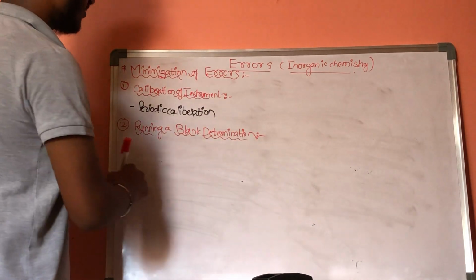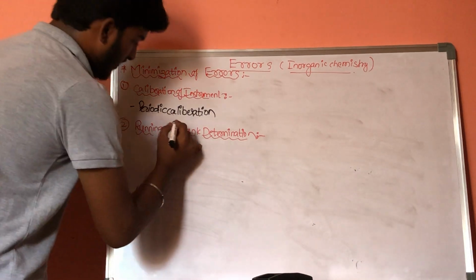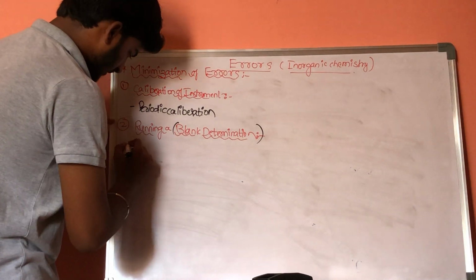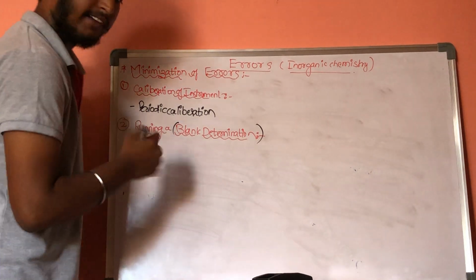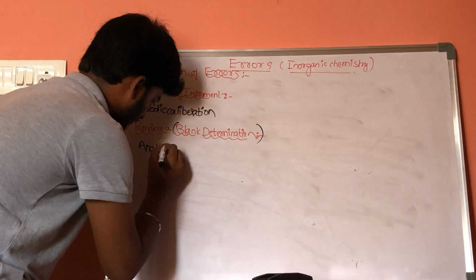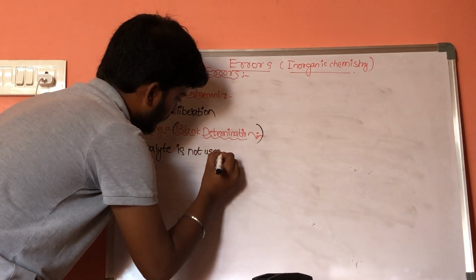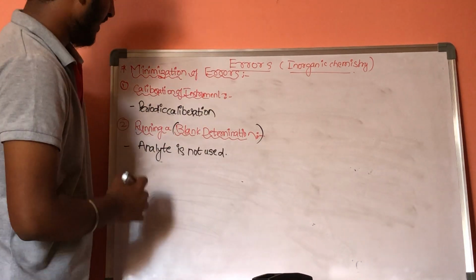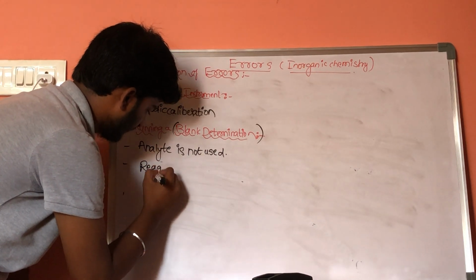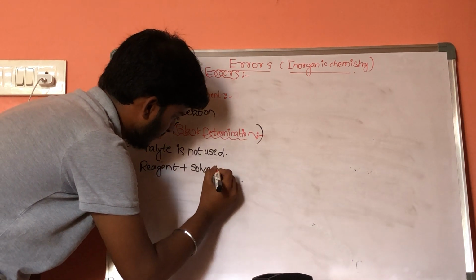First one is calibration of instruments. Second one is running a blank determination. Here we must know what is blank determination. In blank determination, we do not use analyte. Analyte is not used, and we use only reagent plus solvent.